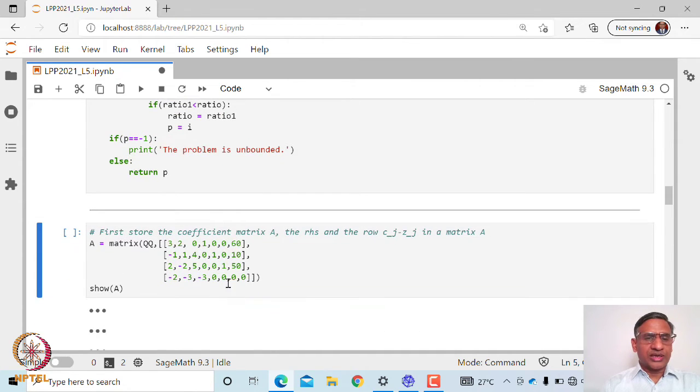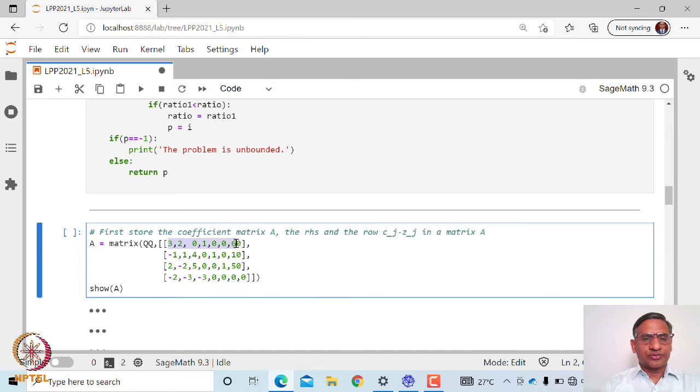corresponding to this initial basic feasible solution. This is your first row, which is corresponding to the first constraint. This is corresponding to the second constraint. Of course, the right hand side value is added at the end, and this is corresponding to the third constraint, and the last one is corresponding to the reduced cost coefficients, which is nothing but the coefficient of the objective function in terms of minimization.